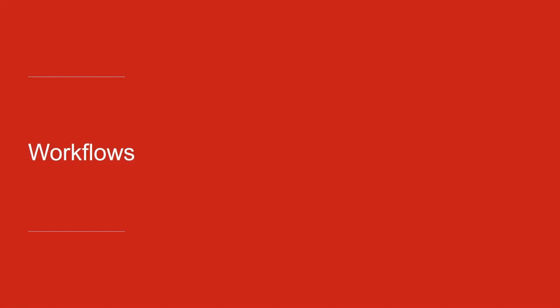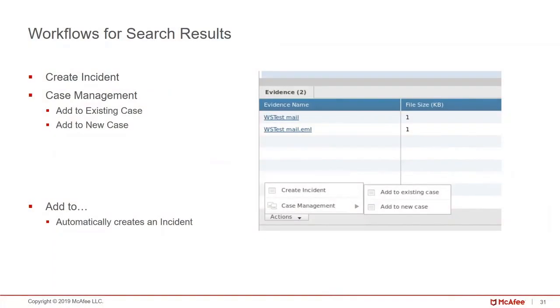Okay, so we're going to cover some workflows here, and basically this is things that you can do with the results once they've been attained. Like what can you do with the information that comes back from your search scans? So a couple things you can do from the search results. If you go into a search result, under the actions menu, you can create an incident off of this.